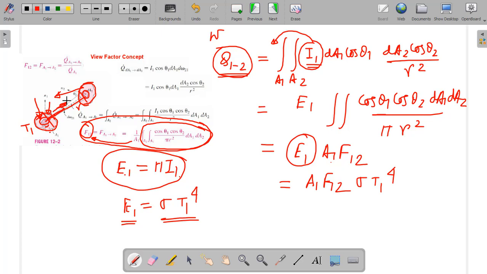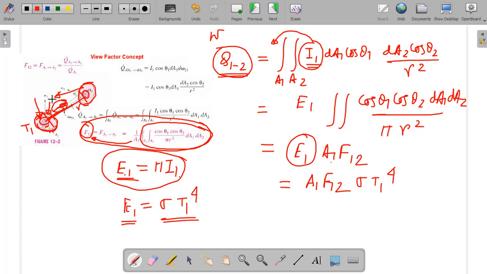Since nothing is going to reflect, the total radiation streaming out of surface 1 is only the emission part. There is no reflection part present. That is the advantage of considering the black surface.